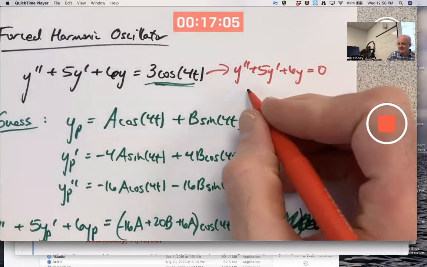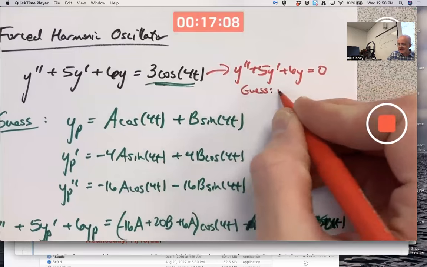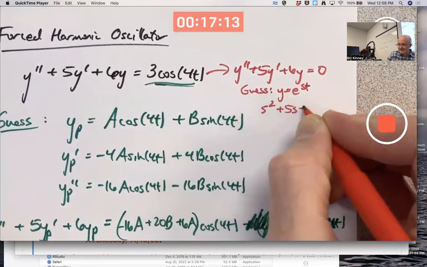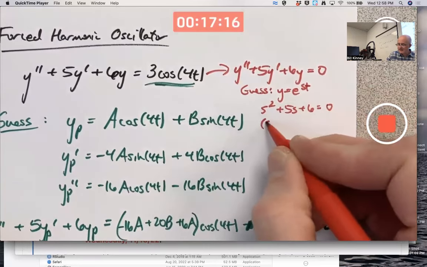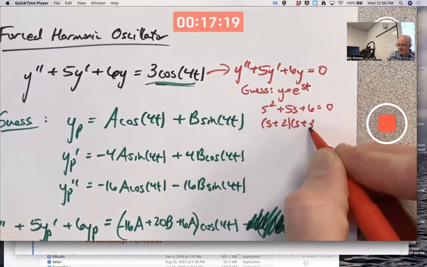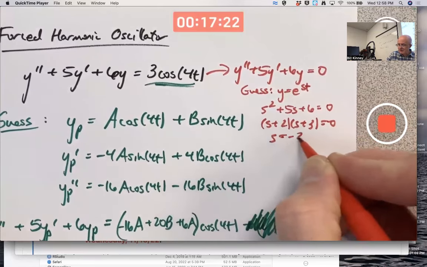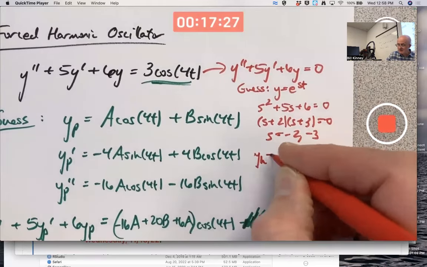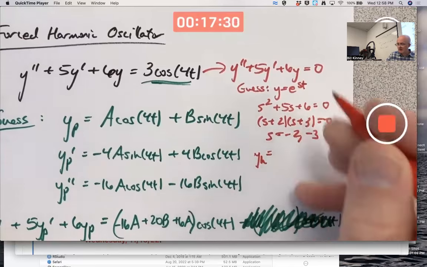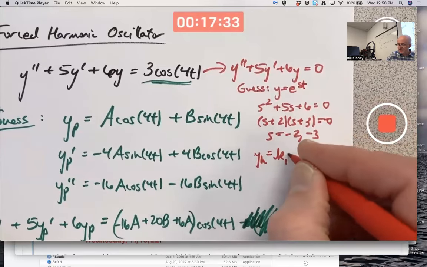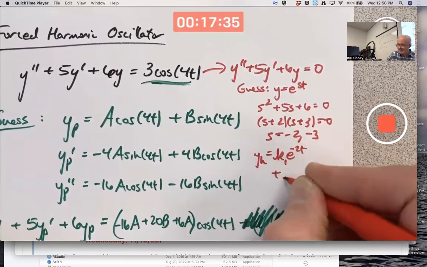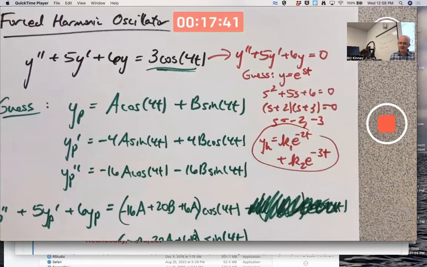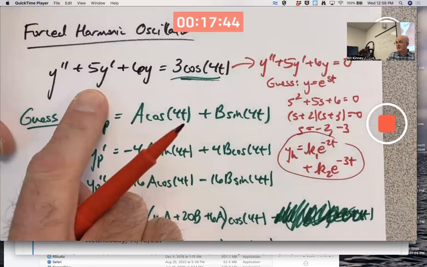You guess with this kind of thing, e to the st, and you get the equation s squared plus 5s plus 6 equals 0, which can be factored as s plus 2 times s plus 3 equals 0. So s equals negative 2 and negative 3 are your eigenvalues, effectively. Your yh, the general solution of the homogeneous equation, will be a linear combination of e to the negative 2t and e to the negative 3t. Add that to yp, and you have your general solution of the original forced equation.